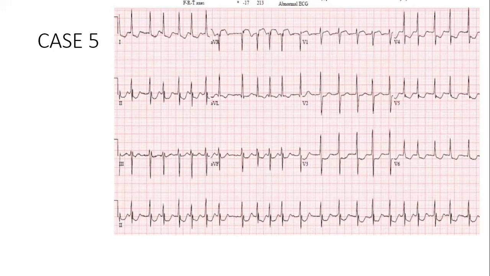What else in the principles of management of an AF has been mentioned? You said rate control, anticoagulation. What else? What does cardioversion do? So don't forget, it's rate control, rhythm control, anticoagulation.